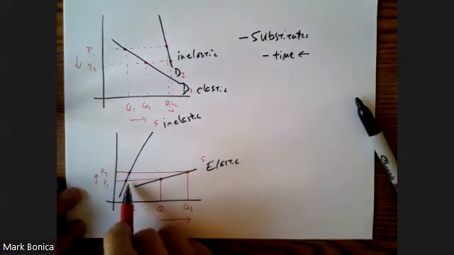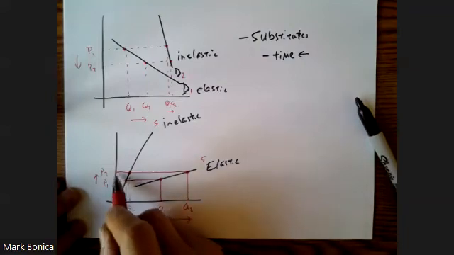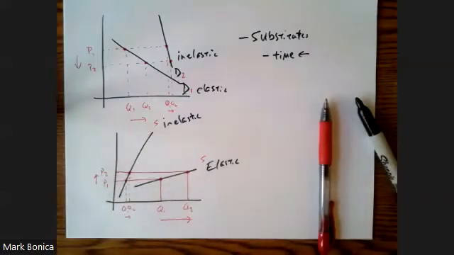Relatively speaking, the percent increase in price is greater than the percent increase in quantity. That makes more sense. And again, a lot of it has to do with substitutes.